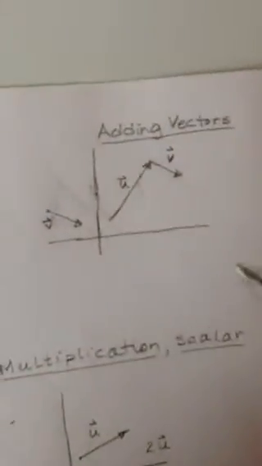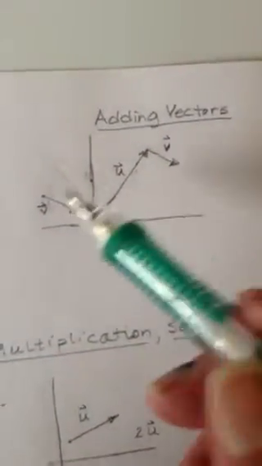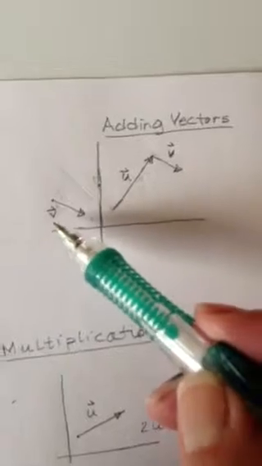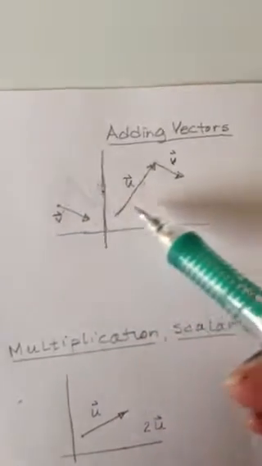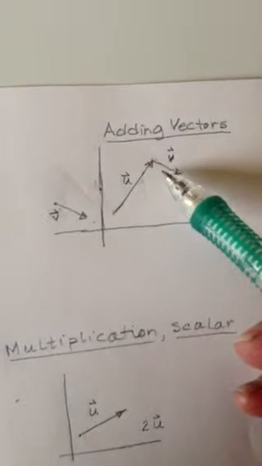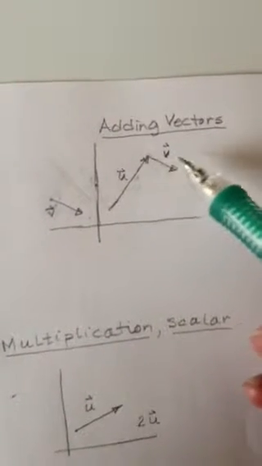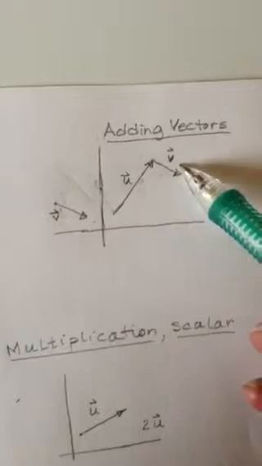Now, over here, we're going to learn how to add vectors. You can take a vector v and simply move it up to here as long as you maintain the same magnitude and direction.